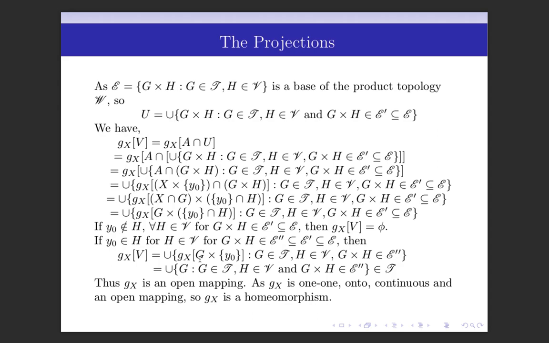By definition of Gx, its image is G because G is a subset of X. So here we have G, and since each G belongs to T, their union is also in the topology, and so this belongs to T. So we have shown that the image of any open set is T open, so Gx is an open mapping. As Gx is one-one, onto, continuous and open, Gx is a homeomorphism.